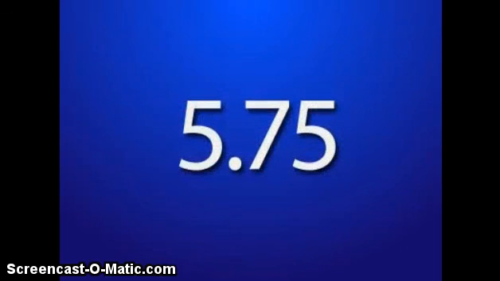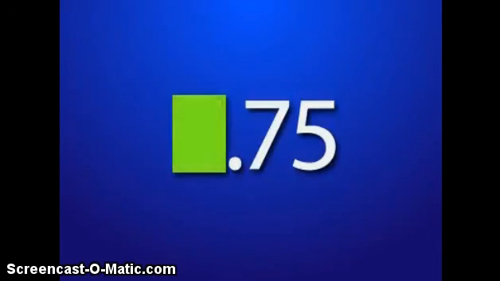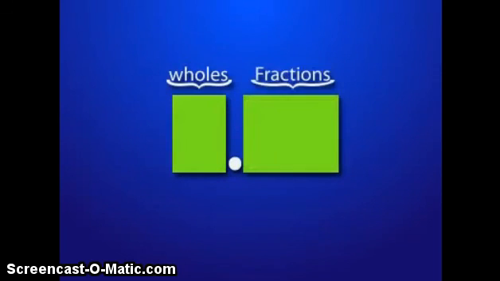And what fraction? Yes, 18/100. How many wholes in this number? Yes, 5. And what fraction? Yes, 75/100. When you write decimal numbers, write the whole numbers on the left side of the decimal point and the fractional part after the decimal point.